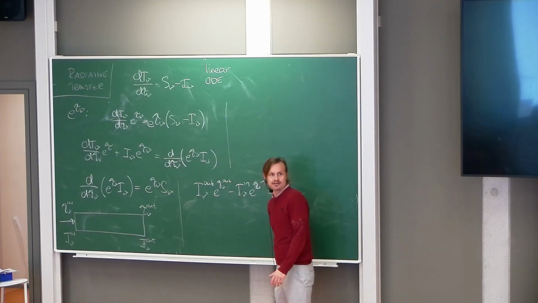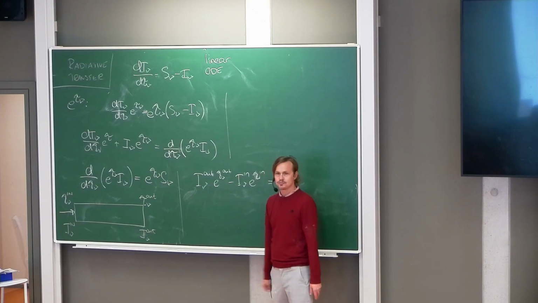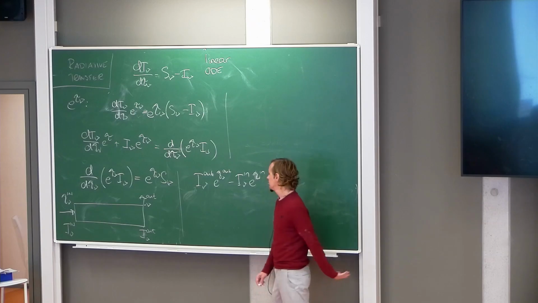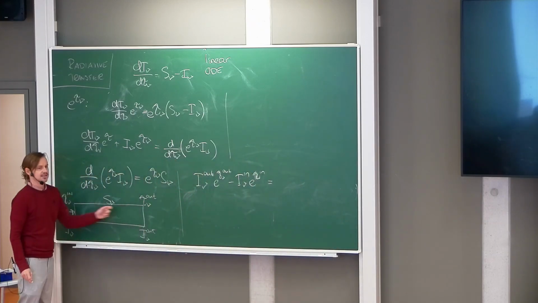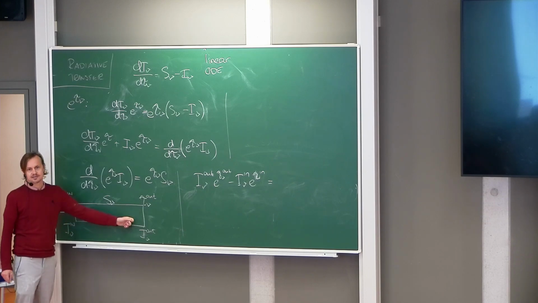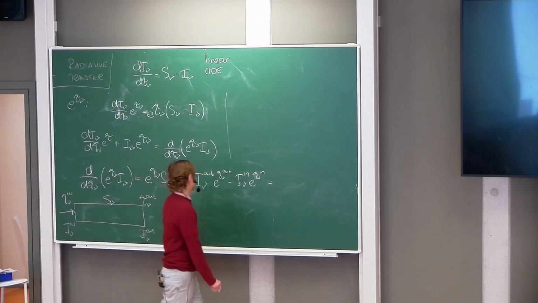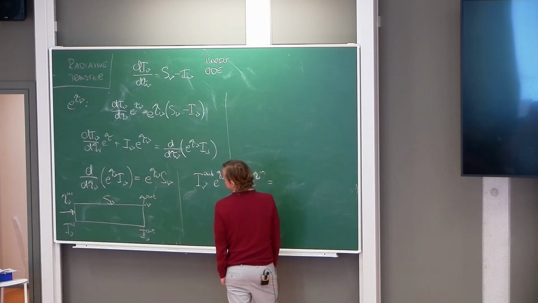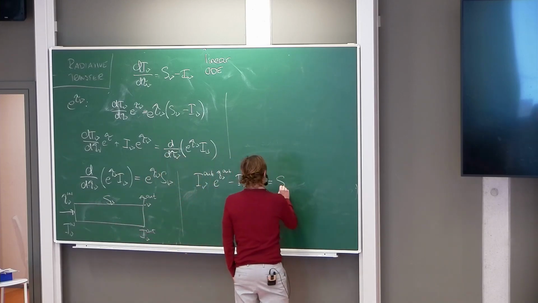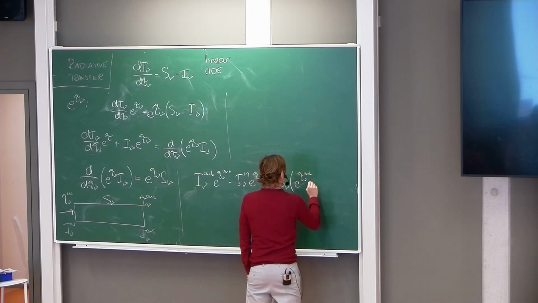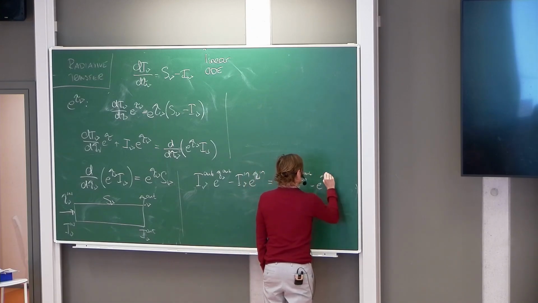What we're going to assume in order to solve this and get a closed expression is that the source function inside this material is constant. If the source function there is constant and not a function of the position in the slab, then this is just S nu times e to the minus tau nu out minus e to the minus tau nu in.